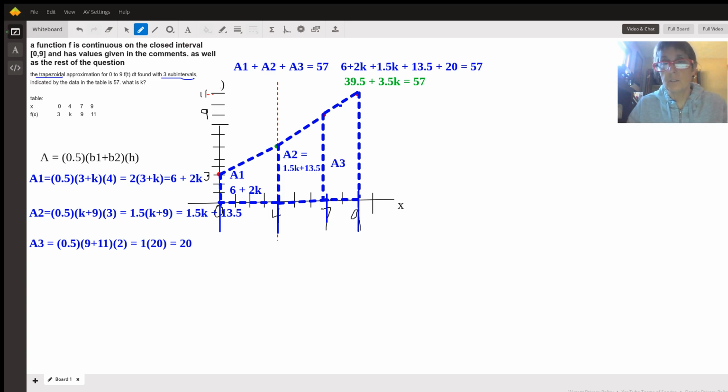And then we subtract 39.5 from both sides, which leaves us just the 3.5k equals 57 minus 39.5, which gives us 17.5. And then we divide both sides by 3.5 and find that k equals 5. And that's the answer. Thank you.